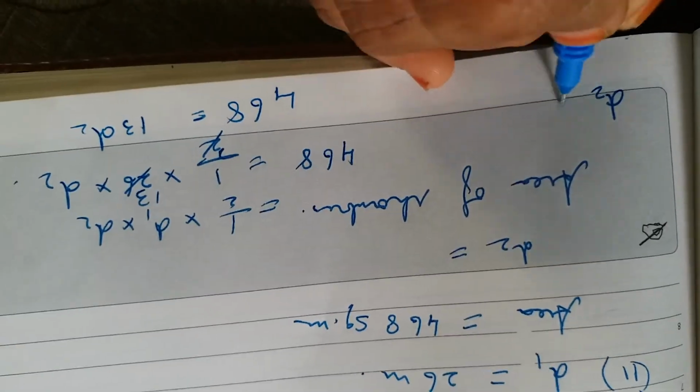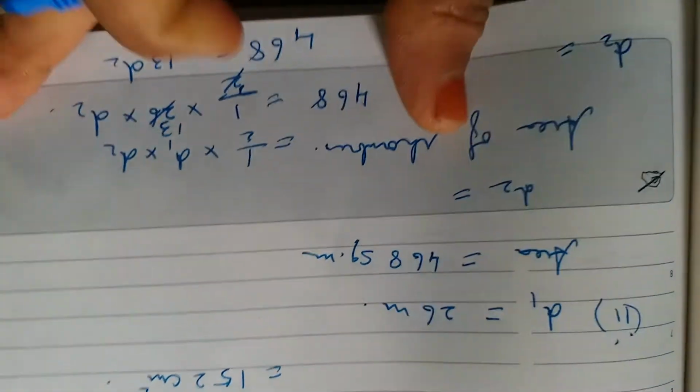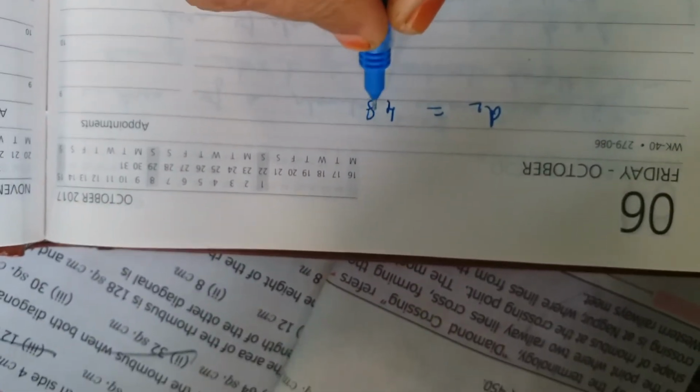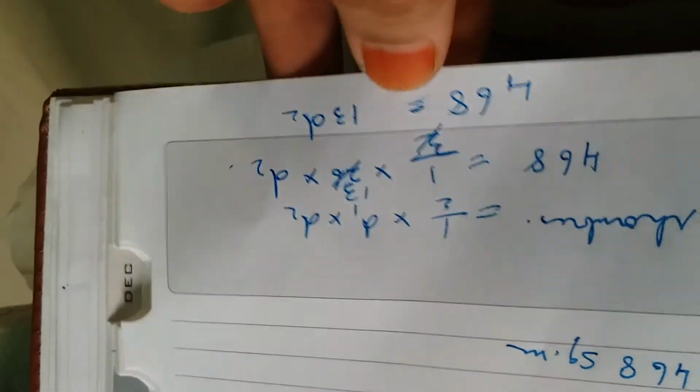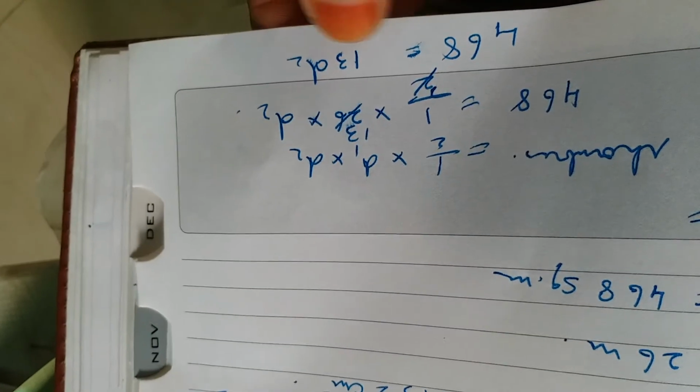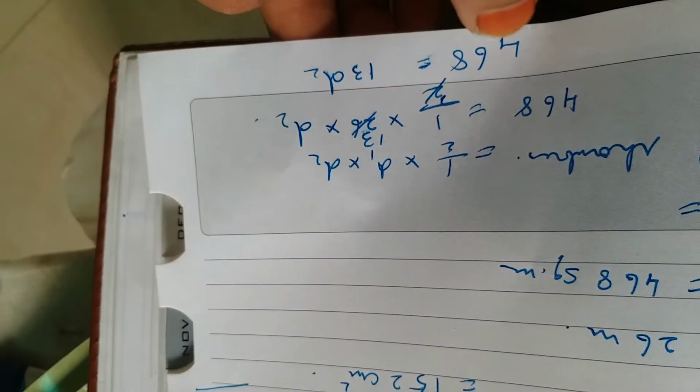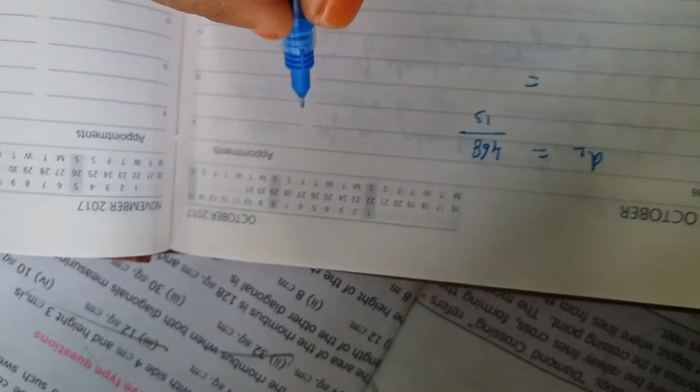So d2 is equal to 468 divided by 13. See here, you have 468 is equal to 13 d2. So d2 is equal to 468, bring this 13 down. 468 divided by 13.